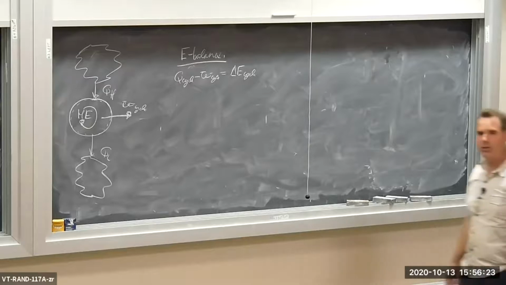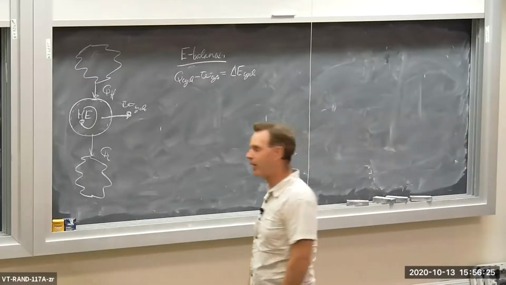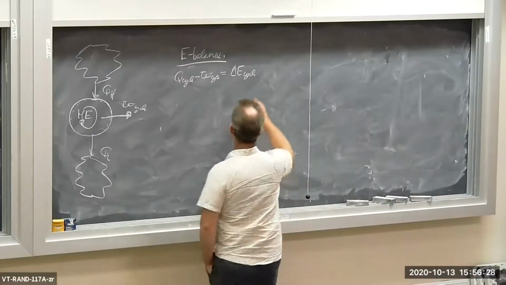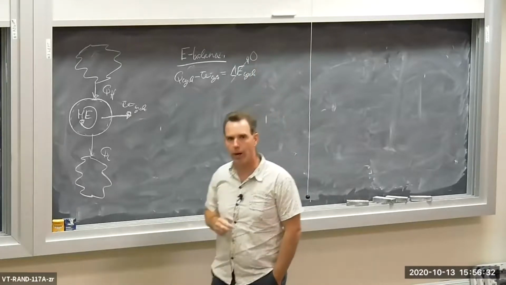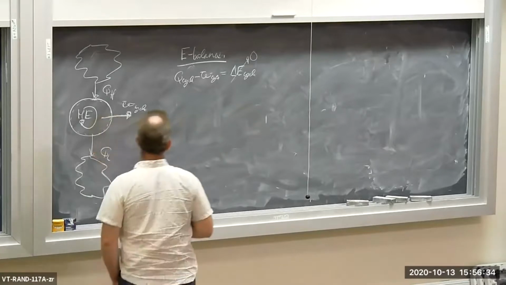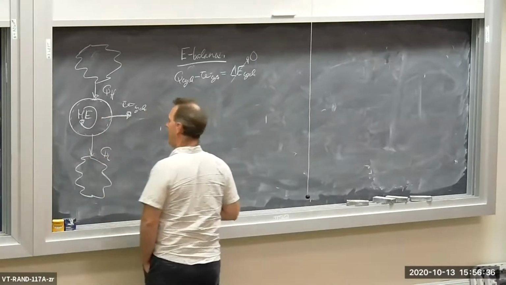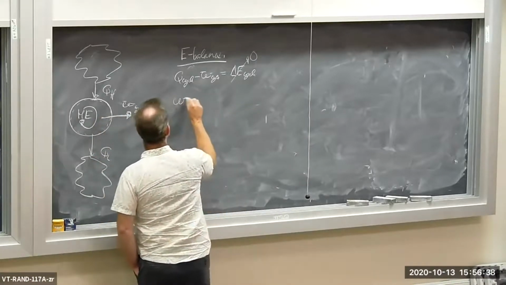Now, over a cycle, there are no changes in any properties. So the change in energy over the cycle is 0. That goes away.